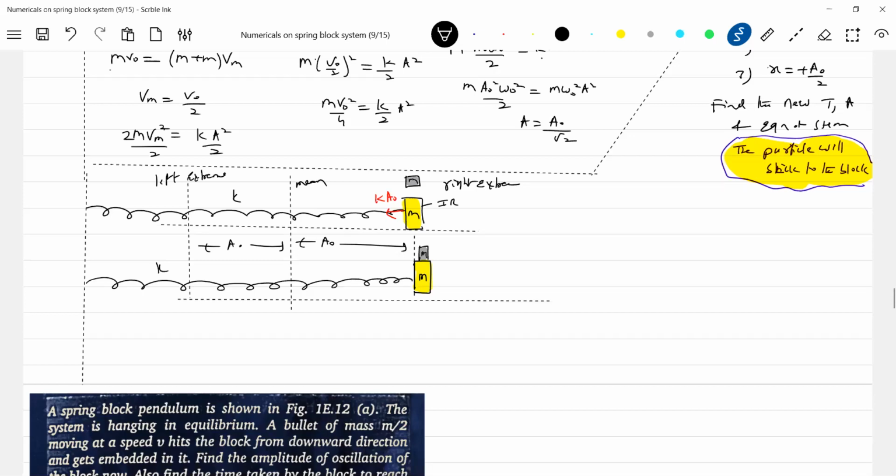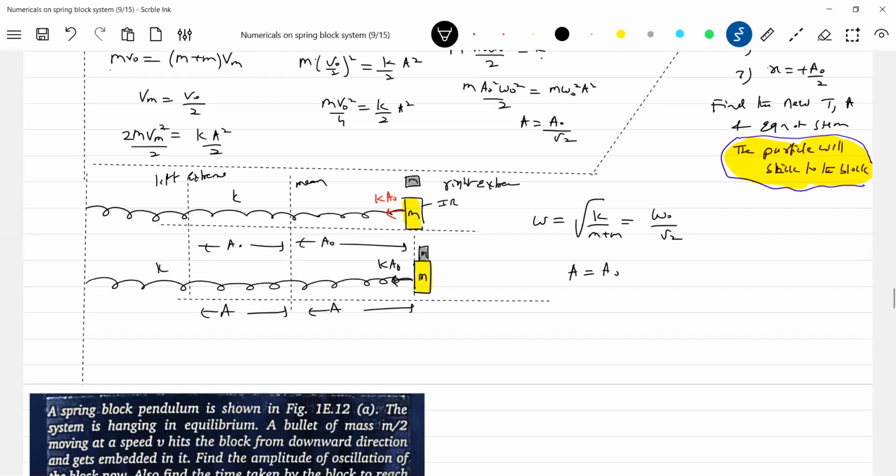The spring force will not change. So the new angular frequency will be root of K by m plus m, which is equal to omega naught by root 2. Amplitude, will it change or remain the same? Remain the same, no? What was the energy of the system? K A naught square by 2, now also K A naught square by 2. So the amplitude will not change. It's going to be the same. That's what I wrote: A equal to A naught.